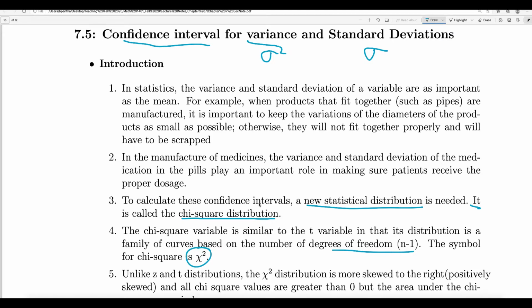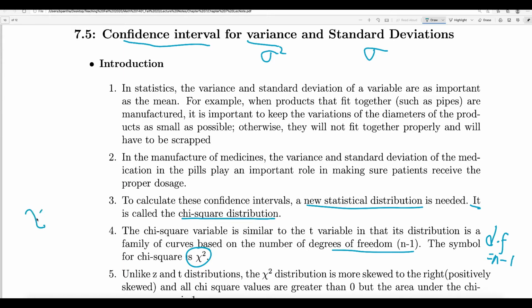The chi-square variable is similar to the T variable in that its distribution is a family of curves based on the number of degrees of freedom. For the chi-square distribution, we also need the degrees of freedom, which is given by sample size minus 1, okay? The symbol for chi-square looks like x square, but it is not exactly x.